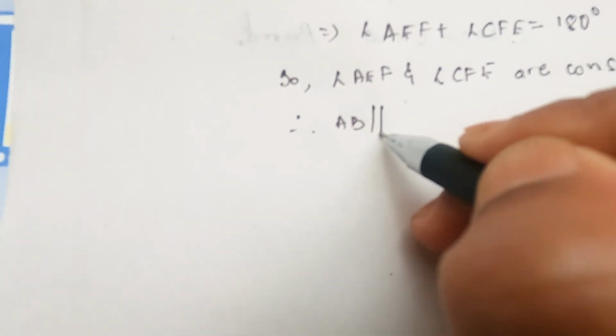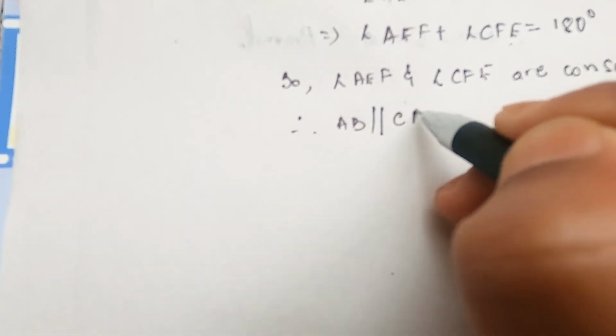So therefore, since the angles form a pair of supplementary angles, AB will be parallel to CD.